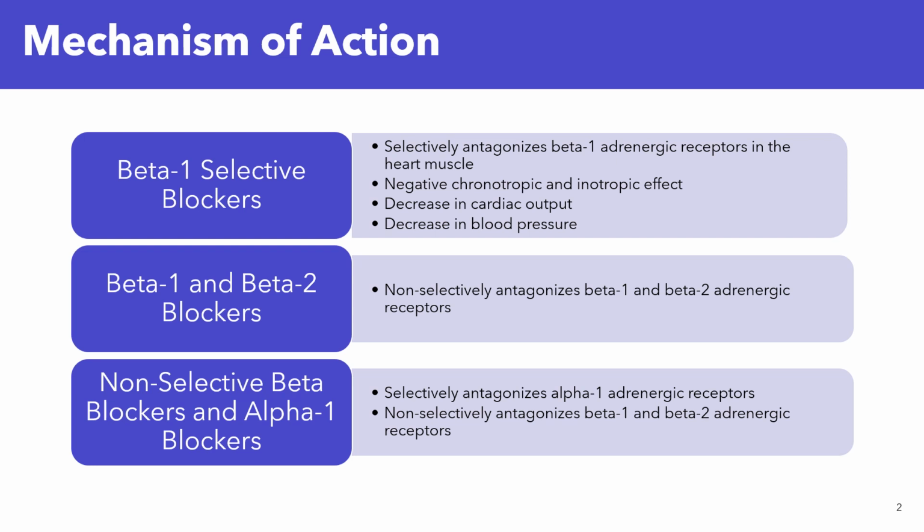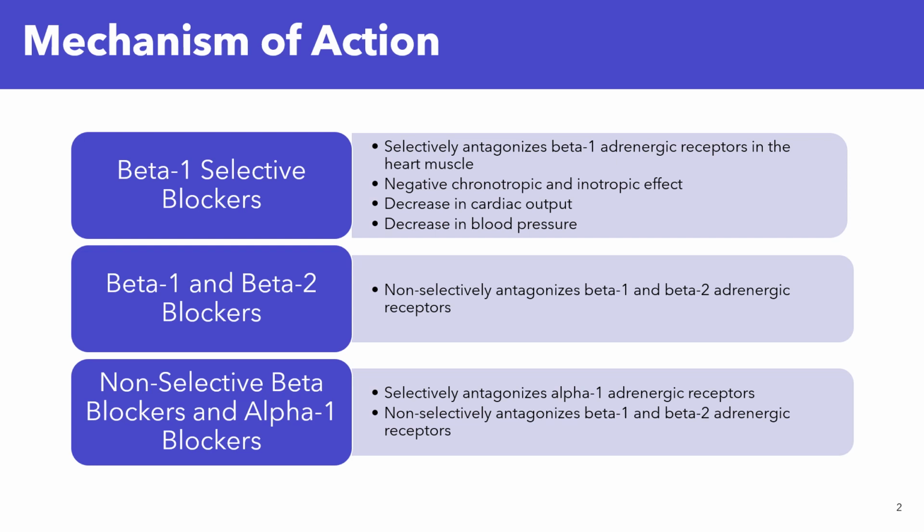Next, we have beta 1 and beta 2 blockers. So these medications are non-selective. The beta 1 and beta 2 blockers, or non-selective beta blockers, antagonize not only the beta 1 adrenergic receptors, but they also antagonize the beta 2 adrenergic receptors.